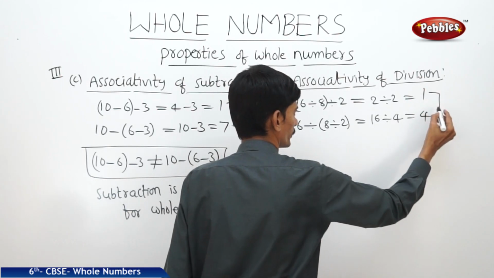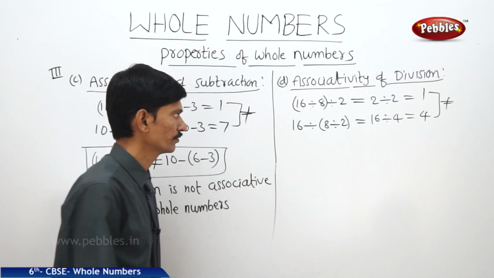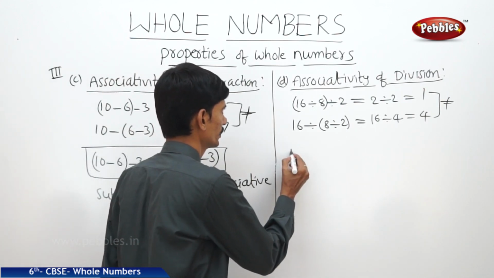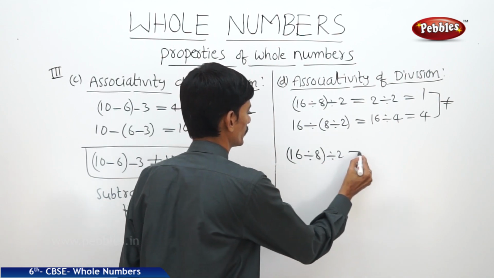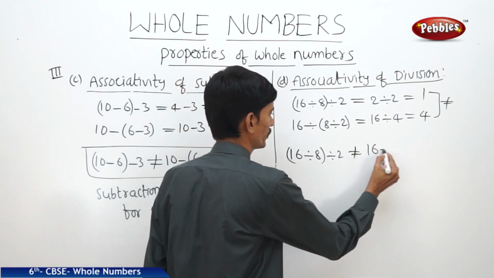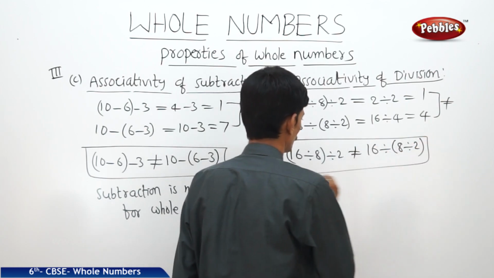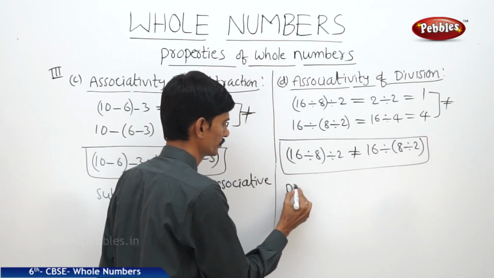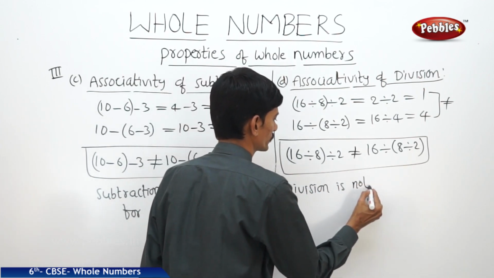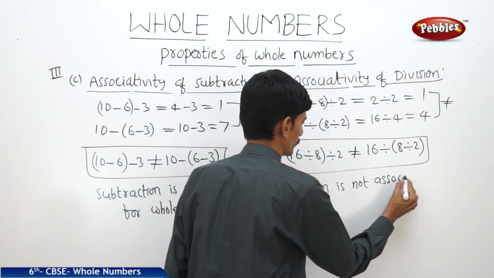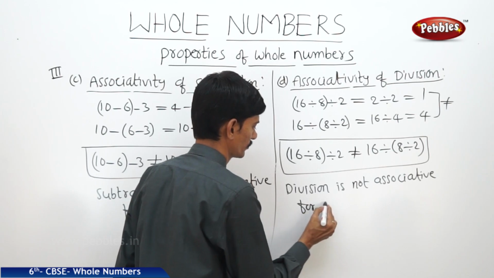Here also we observe that both the quotients are not the same. So we can write that (16 divided by 8) divided by 2 is not equal to 16 divided by (8 divided by 2). So we can write that division is not associative for whole numbers.